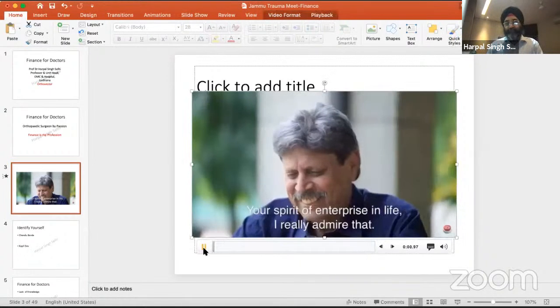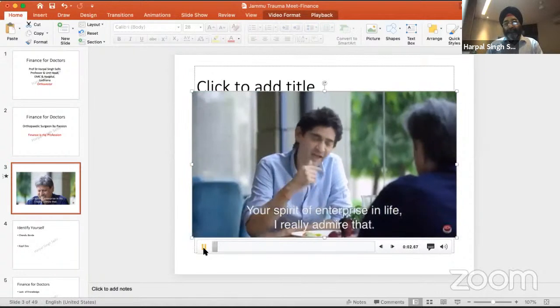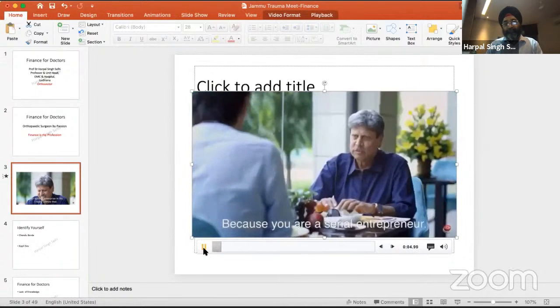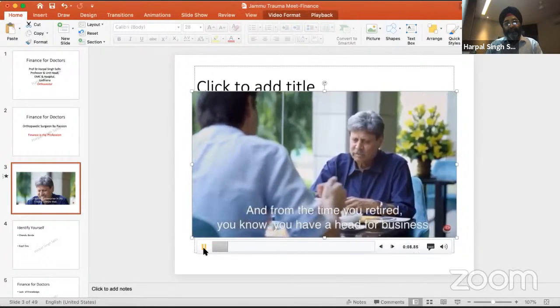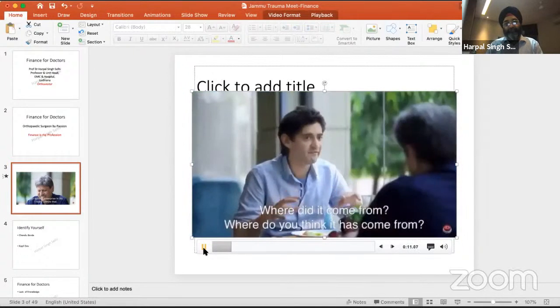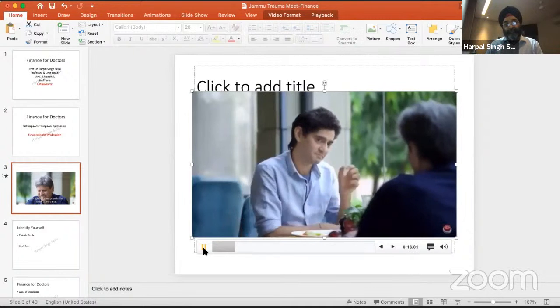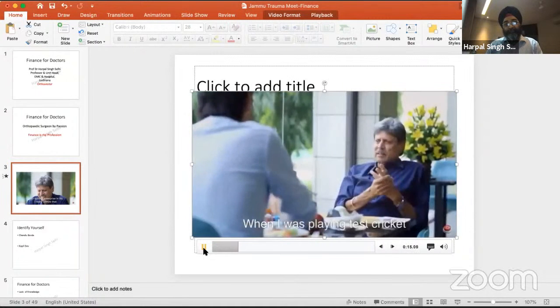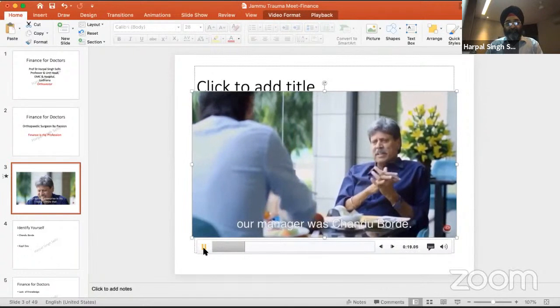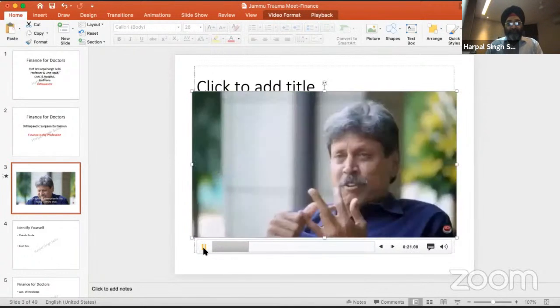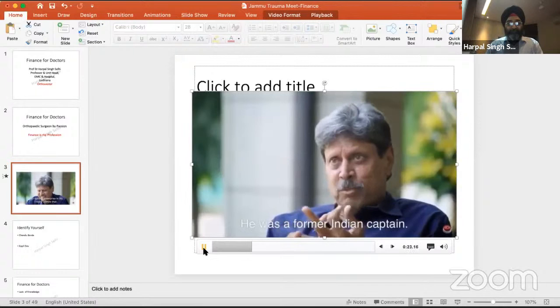Of enterprise जो है life में, I really admire it, क्योंकि you're a serial entrepreneur. आप जब से retire करे, तब से you have a head for business. ये कहाँ से आया? Where do you think it's come from? जब मैं टेस्ट क्रिकेट खेल रहा था, तो हमारे मैनेजर थे चंदू बोर्डे. He was a former Indian captain. वो था.